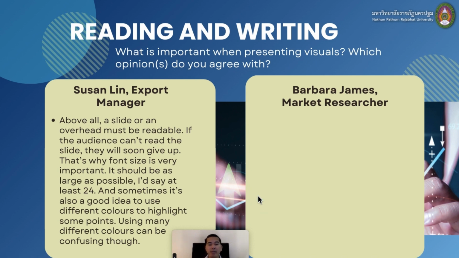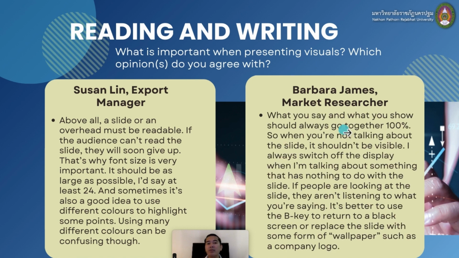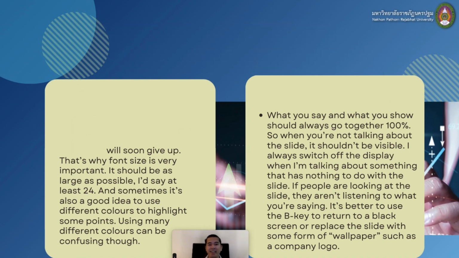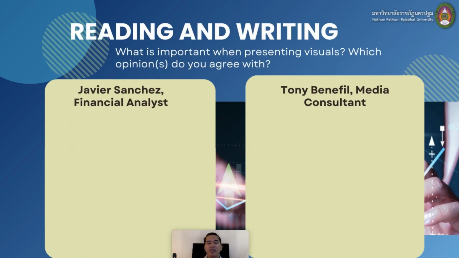Barbara James, a market researcher, is also saying, what you say and what you show should always go together. So hers is the connection of the slides, the words in the slides, the visuals and everything. So she is also very much a perfectionist, I think, in the visuals.